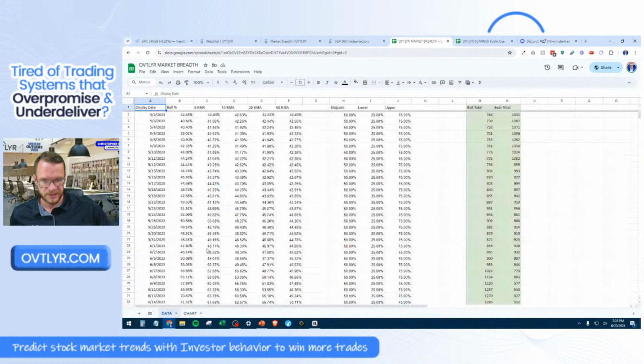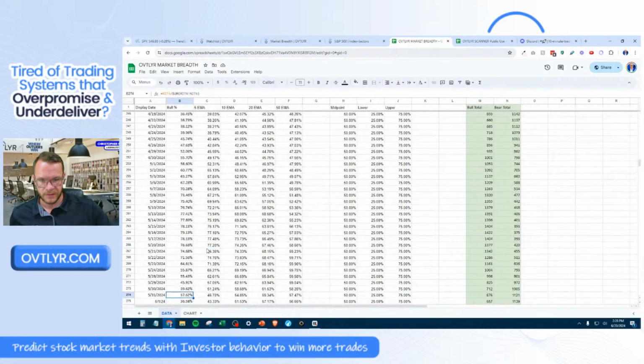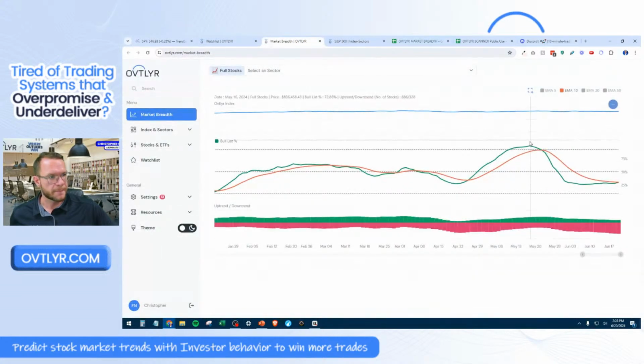What's the data say? That's what matters. It peaked on the 16th at 78%. Is that what we see here? It says 72%. Either way, we'll get that rectified.